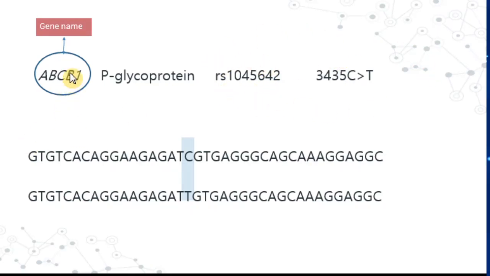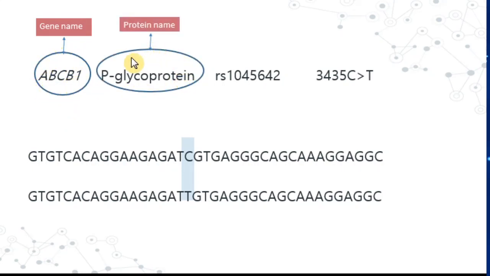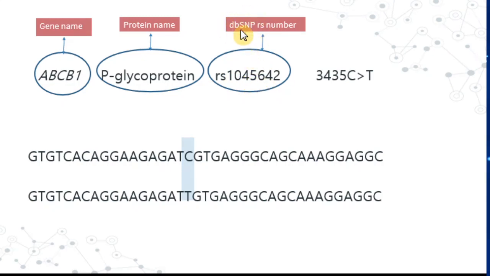This is the name of the gene, ABCB1, which encodes for P-glycoprotein. This is the name of the protein that it encodes. This is the RS number of the SNP. dbSNP is the registry of SNPs.